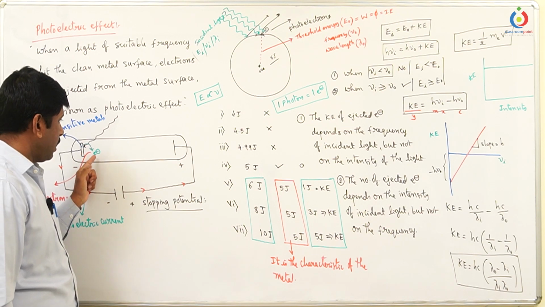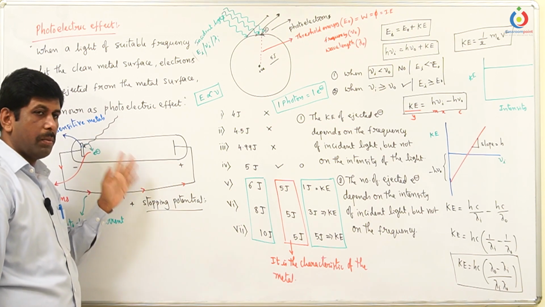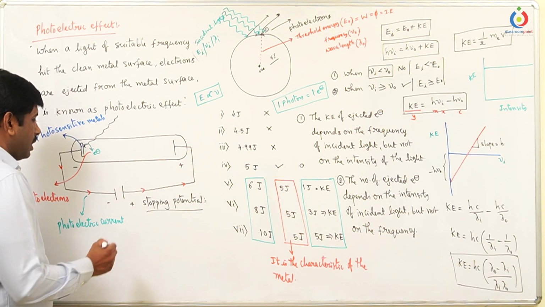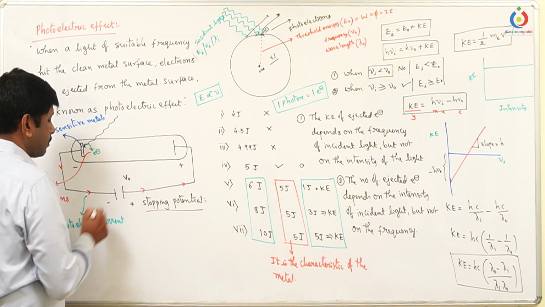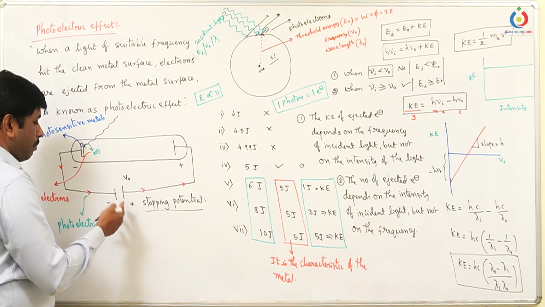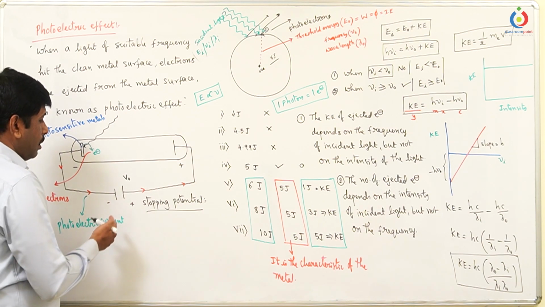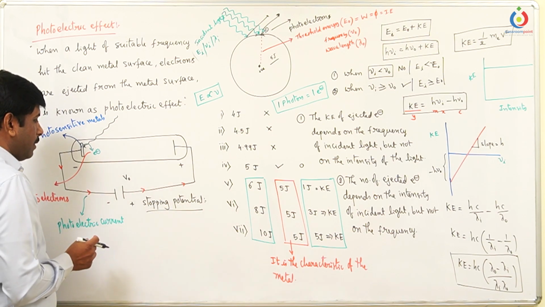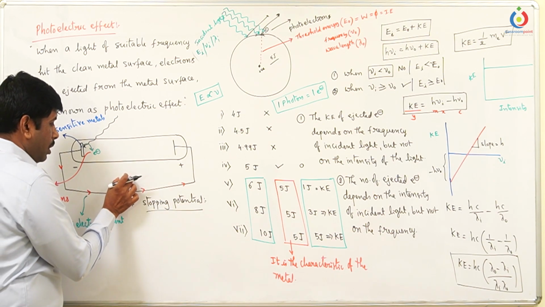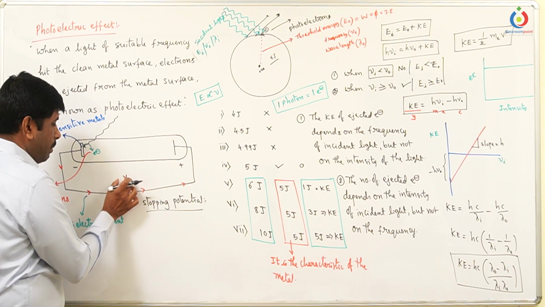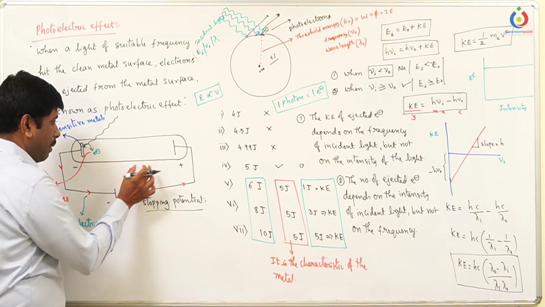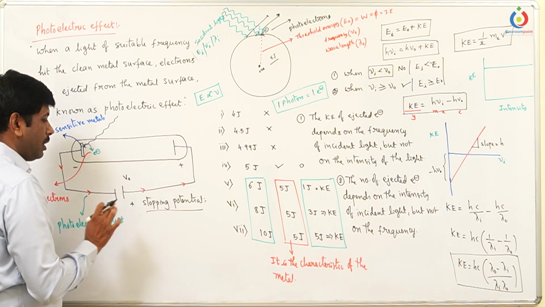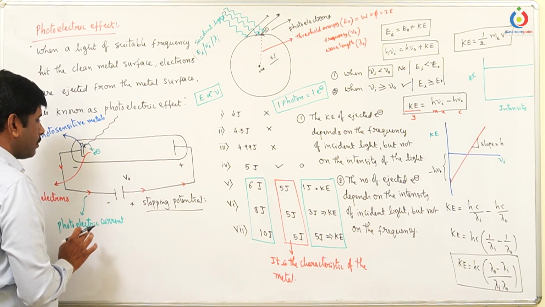But I don't want this electron to travel up to the anode, I want to stop the electrons. For that purpose, I need to apply some potential difference, that is V0, and change these positive and negative signs. When you change, potential difference will be applied. The minimum potential that is to be applied to stop the electrons from reaching the anode is known as the stopping potential.